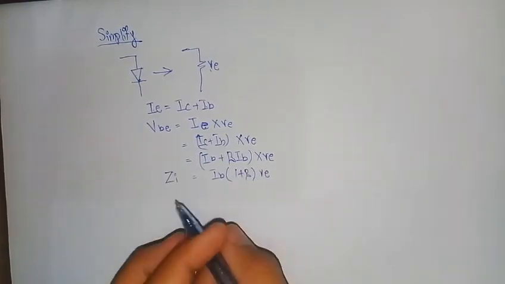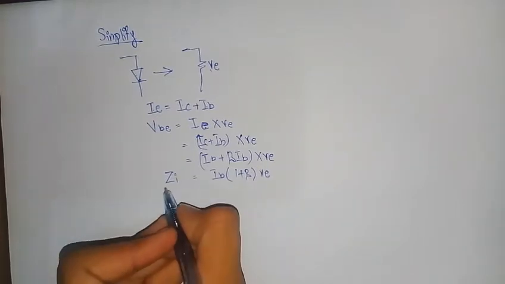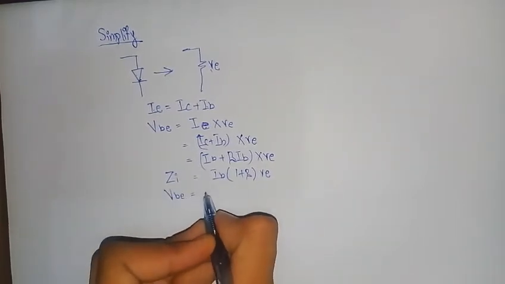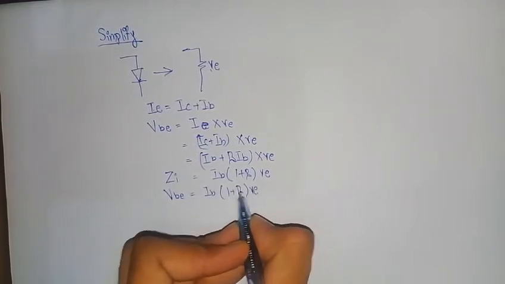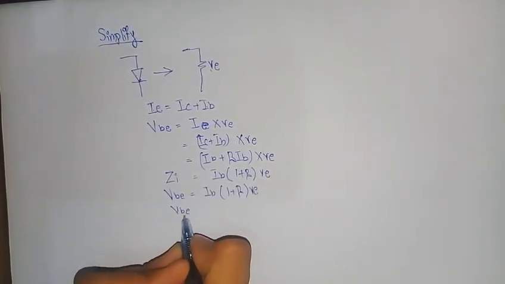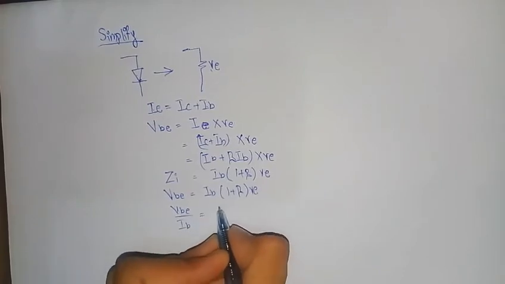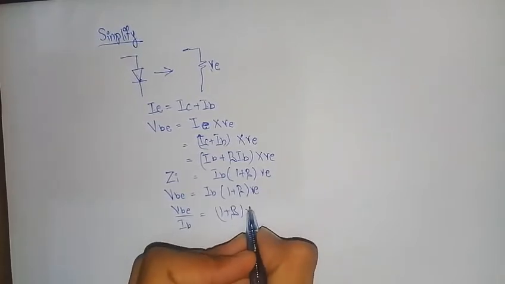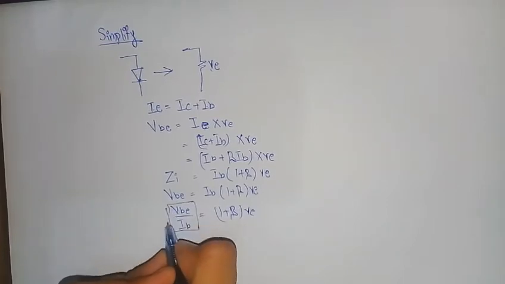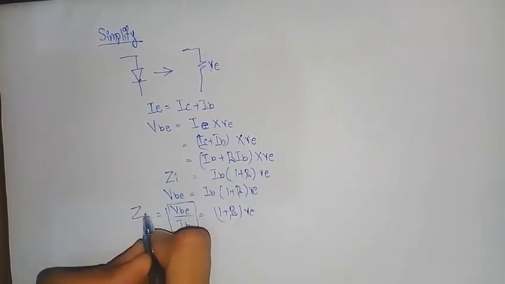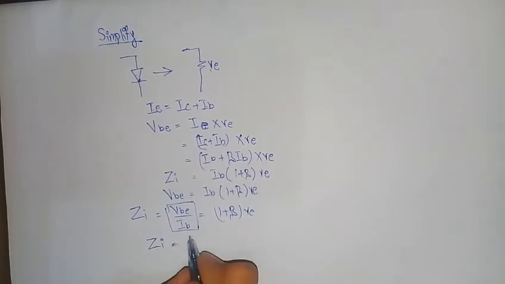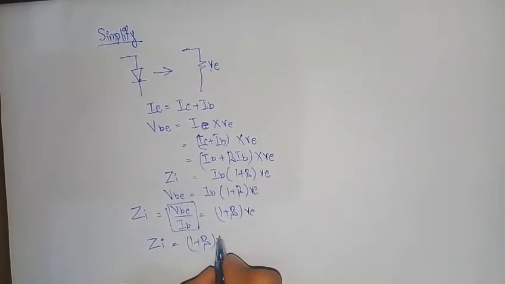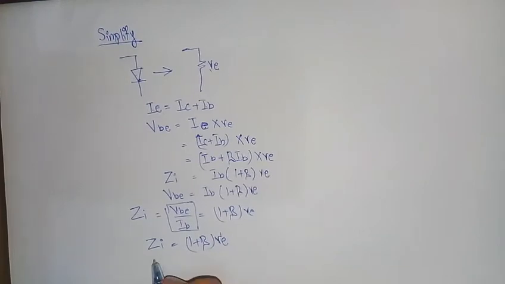Now we will calculate it. This will be equal to the base emitter voltage, equal to IB into 1 plus beta times re. So VBE over IB equals 1 plus beta times re, and this voltage over current equals the input impedance of the common emitter configuration, and it has the value of 1 plus beta times re, and approximately Zi equals beta times re.